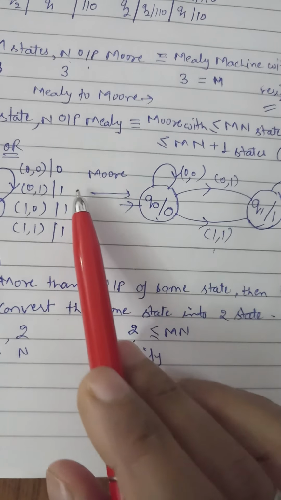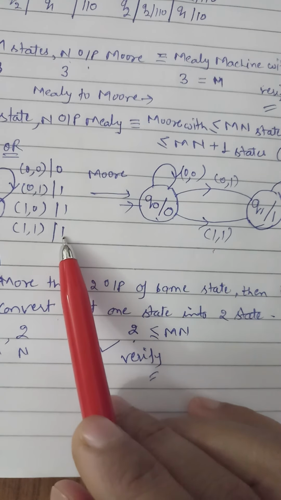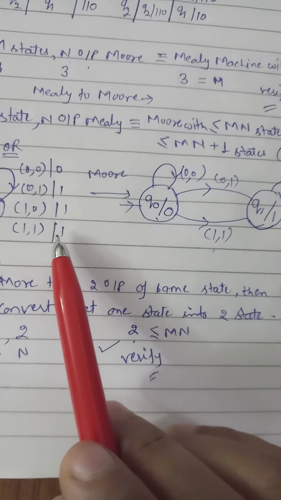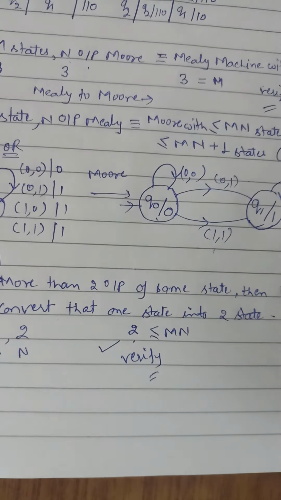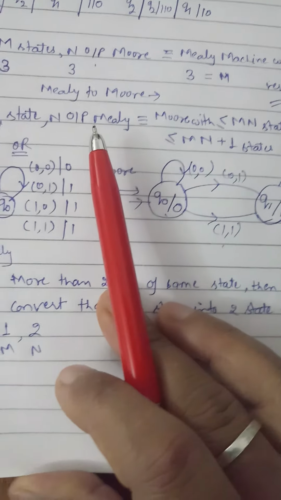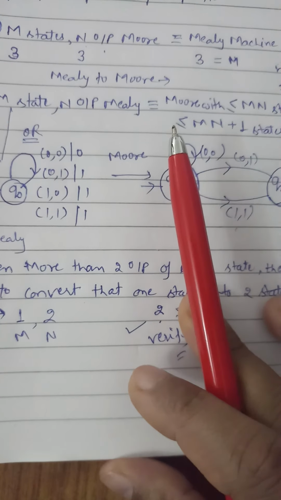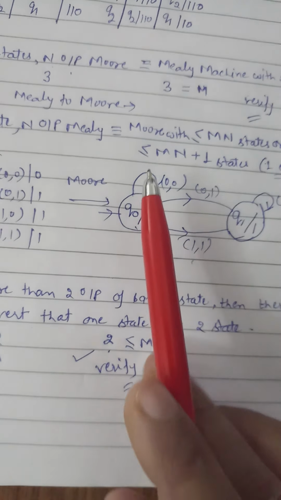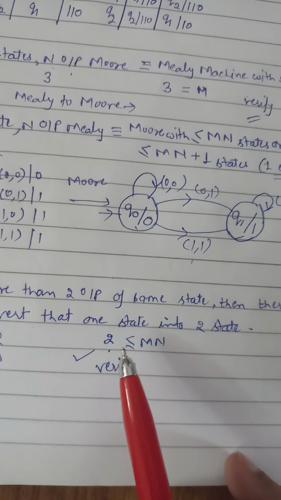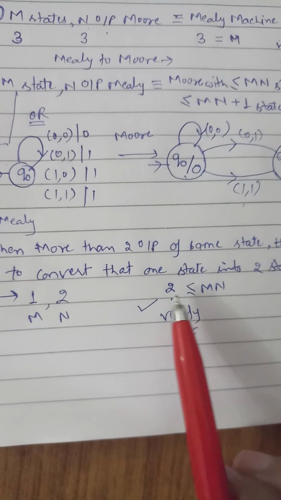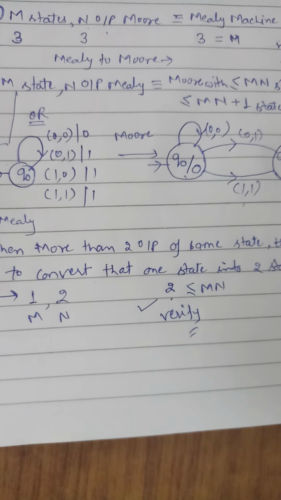So this is the conversion from Mealy to Moore machine, and the condition is satisfied here, where m states and n outputs in the Mealy machine will be equivalent to a Moore machine with less than or equal to mn states, or mn plus 1 states. It is equivalent to mn states, because m is 1 here, n is 2 here. So this is 2. So this verifies the condition.